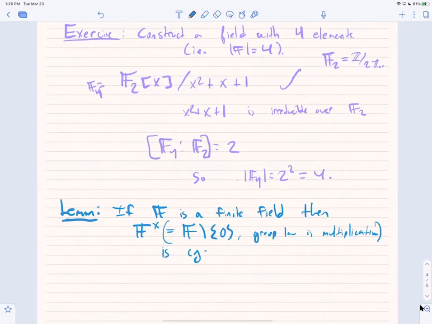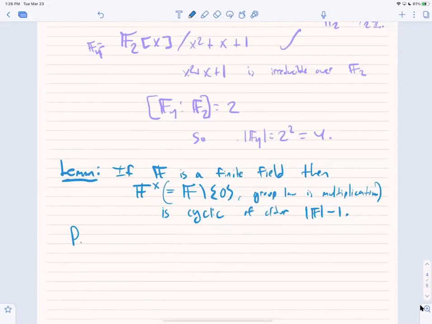This is a cyclic group, cyclic of order just its size. The size of F cross is the size of F minus 1, because we threw out 0.